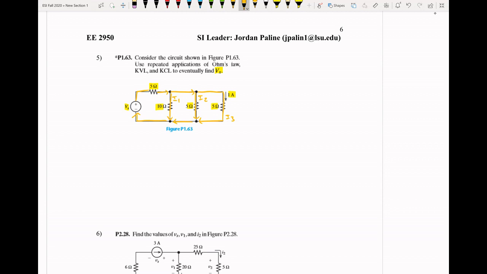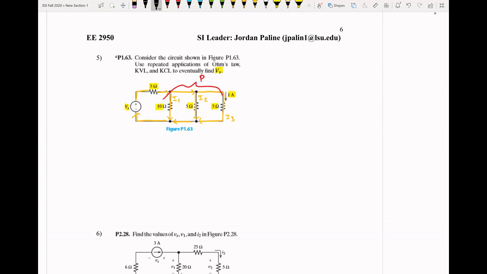Okay, so let's see what else we know about the circuit. We see that these 3 are in parallel with each other. That could be useful for us. And what do we know about parallel branches? Well, we know that parallel branches have the same voltage drop across them.